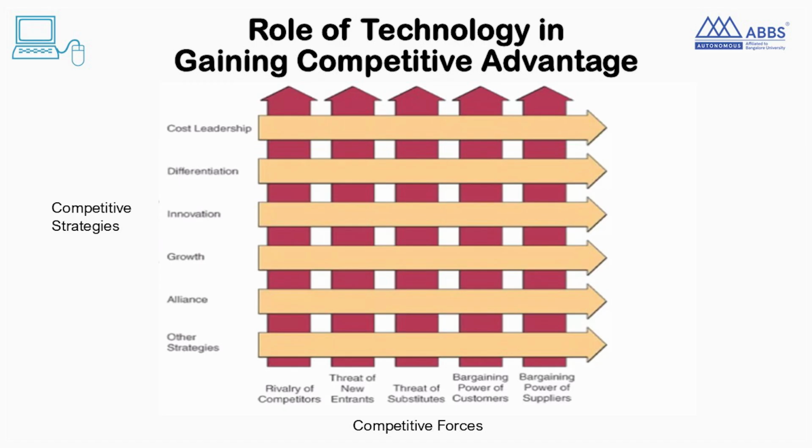If you look at this model, we see that it's an integration of two particular concepts. On the horizontal axis, we have Porter's 5 forces, like rivalry of competition, threat of new entrants, bargaining power of suppliers, bargaining power of buyers, while on the other side, vertically, we have cost leadership, differentiation, innovation, growth, alliance and other strategies.